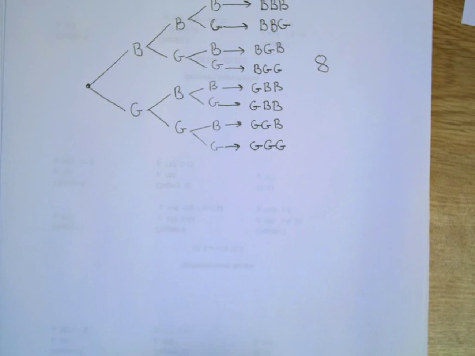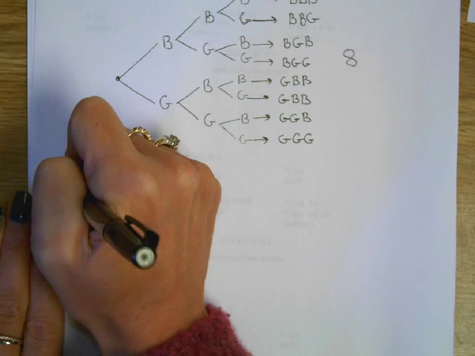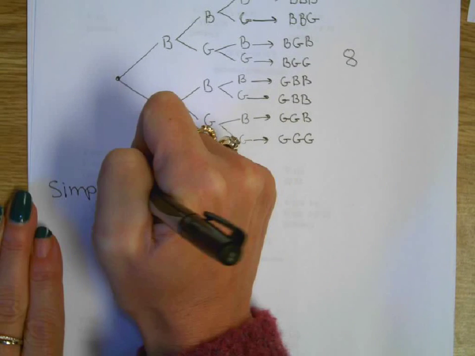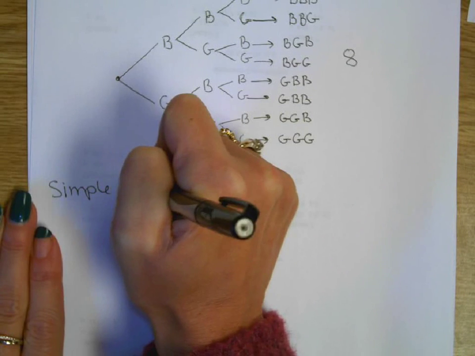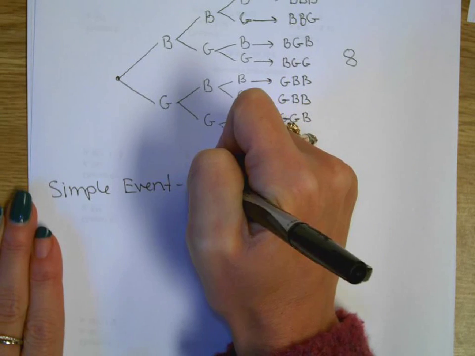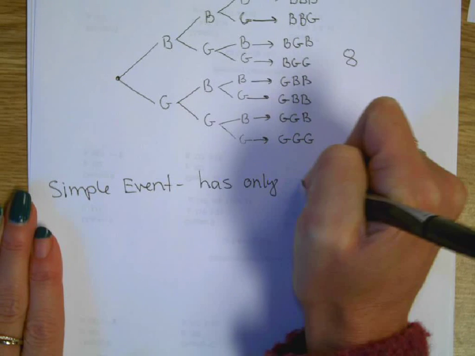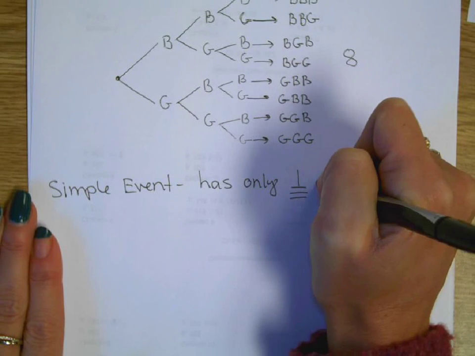All right, a simple event. Another definition. A simple event will have only one outcome.